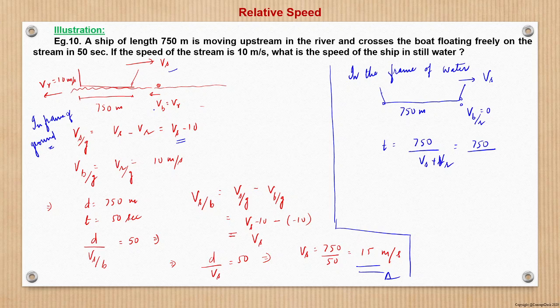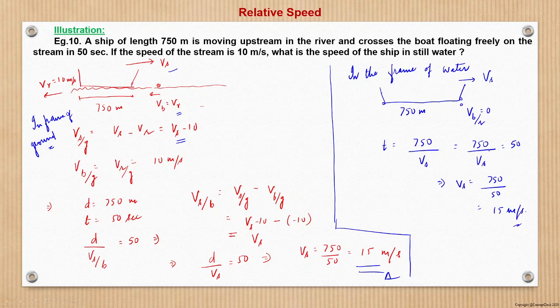Here it was flowing at a speed of river in the ground frame, but if we see in the frame of liquid, the water is not flowing, right? So in the frame of liquid even the boat would be stationary, that is at 0, and the ship will be moving at vs. So basically this will become nothing but 750 upon vs. So 750 upon vs is given as 50 second, from here we can say vs is 750 by 50, which is 15 meter per second.